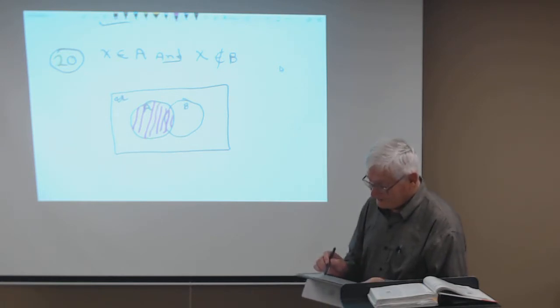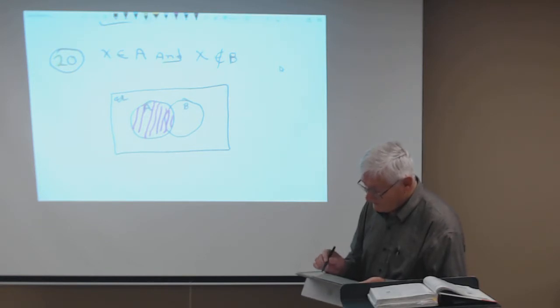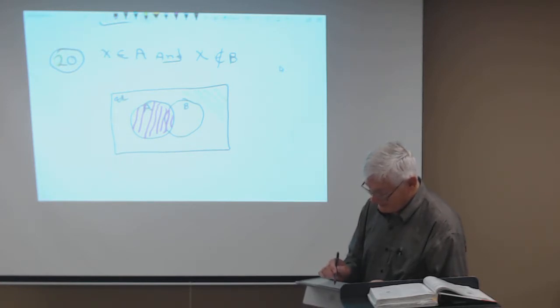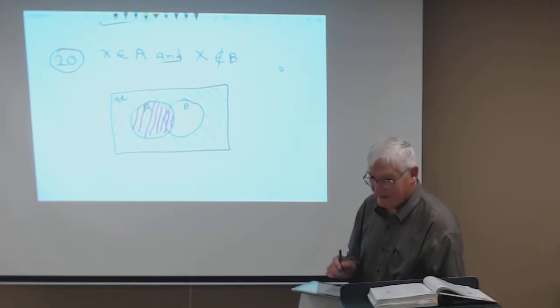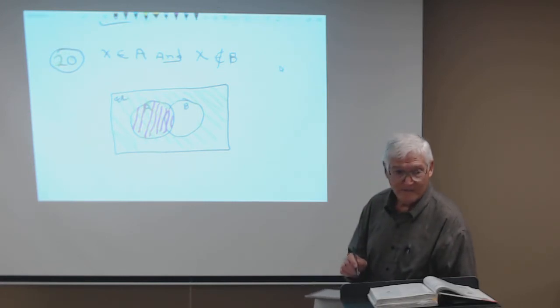To make X not an element of B, that would be everything in the universe except B. Everybody follow that? Can you see those red and green lines up there?